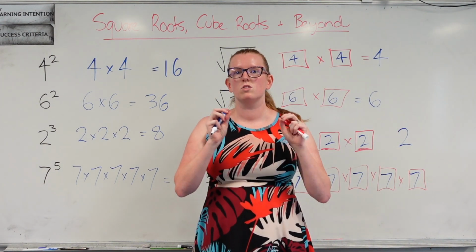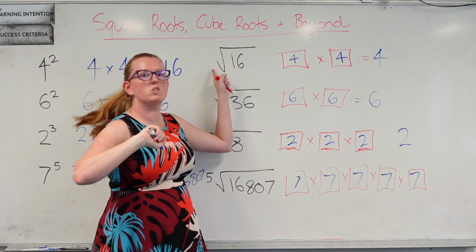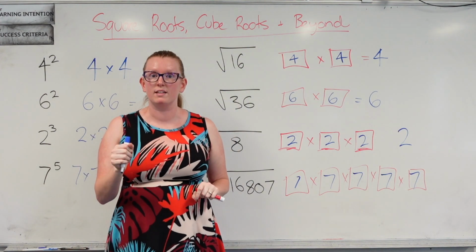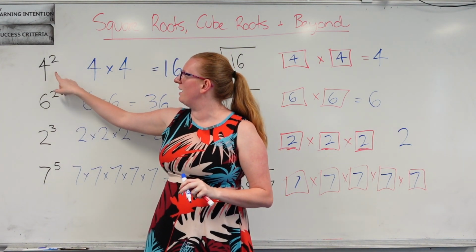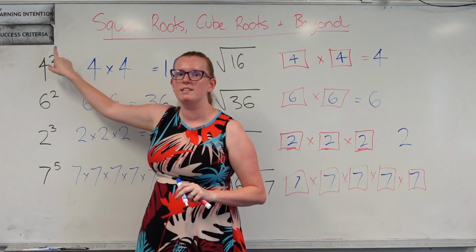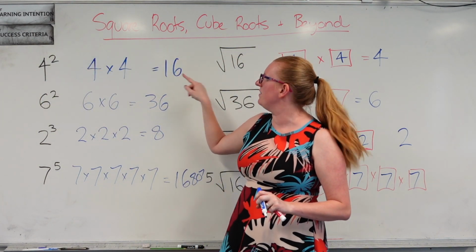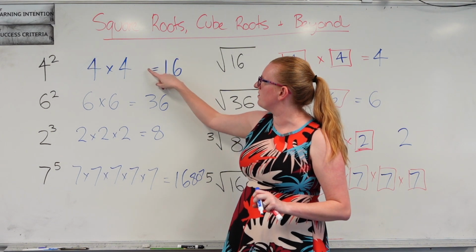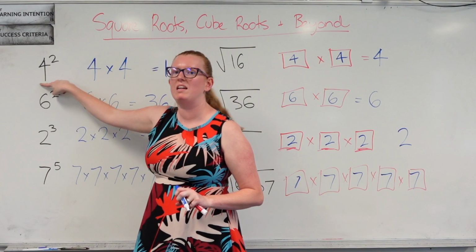So squares and square roots are the exact opposite of each other. Okay? So the square takes the small number and turns it into the big number. And then this big number, if it's square rooted, it tells you what the base was before.